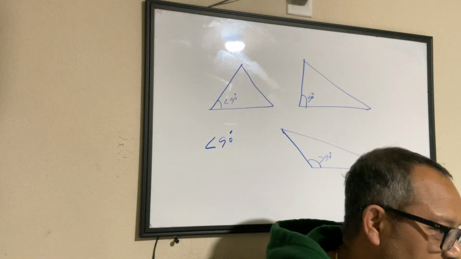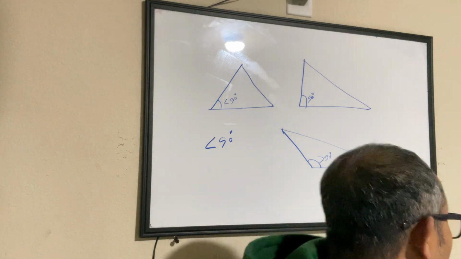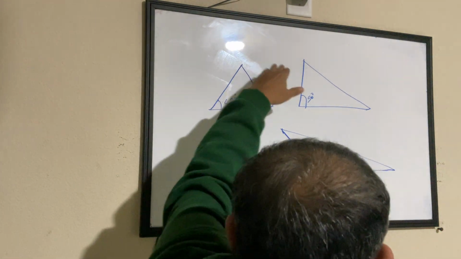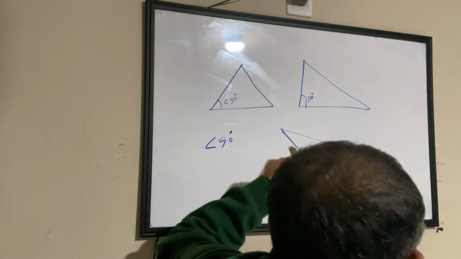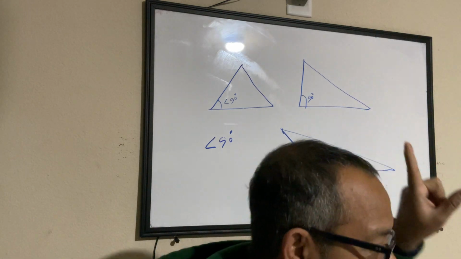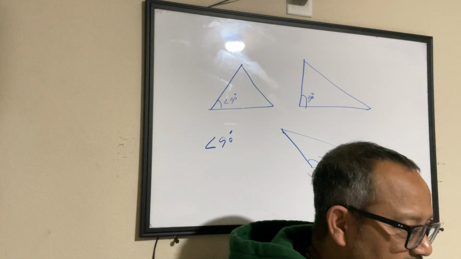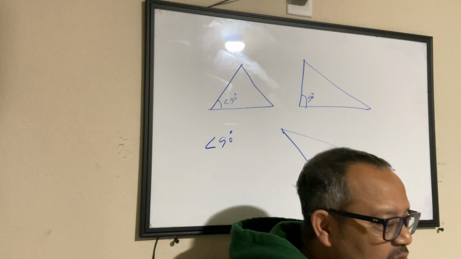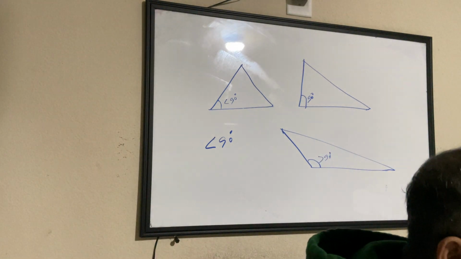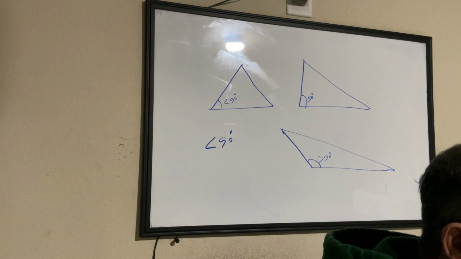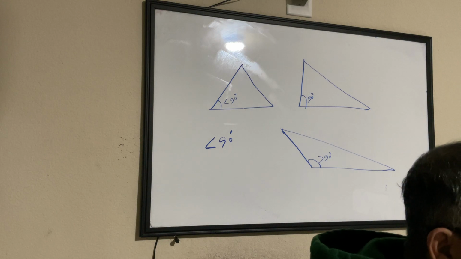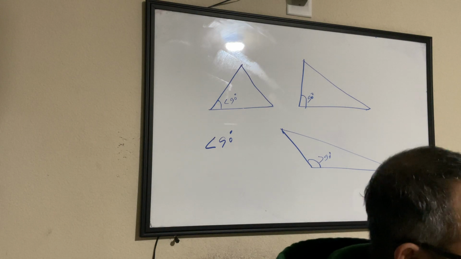Only one angle. And remember, when I was talking about this triangle, I said all the angles are less than 90 degree. Here you guys are saying one angle is 90 degree, correct? Can you have a triangle which has more than two angles which is 90 degree? No, why? I don't think so.